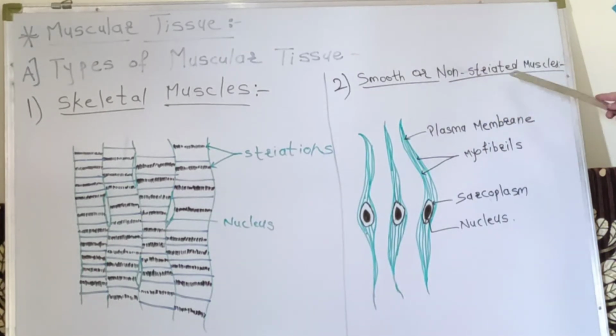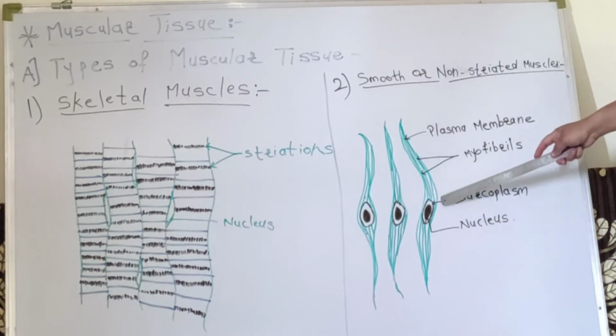Second is the smooth or non-striated muscle. First we have seen the skeletal muscle, which is also called striated muscle. Vice versa, this muscle is called non-striated muscle and also smooth muscle. Basically these muscles are present in the form of sheets or layers.